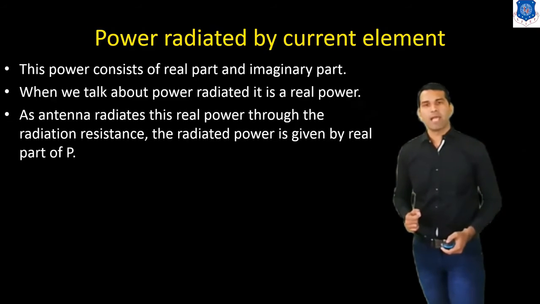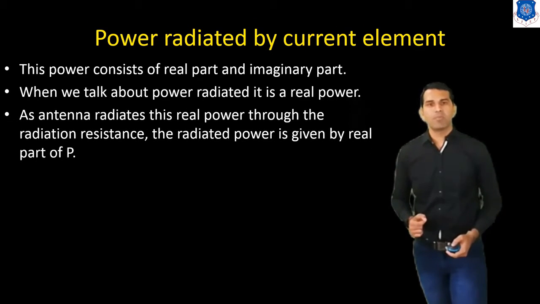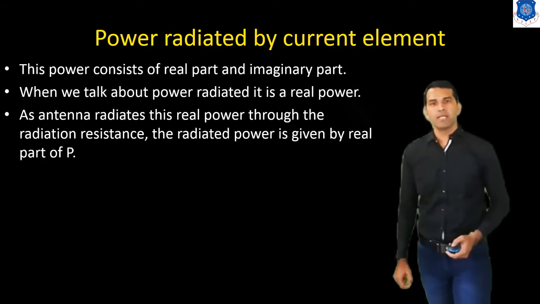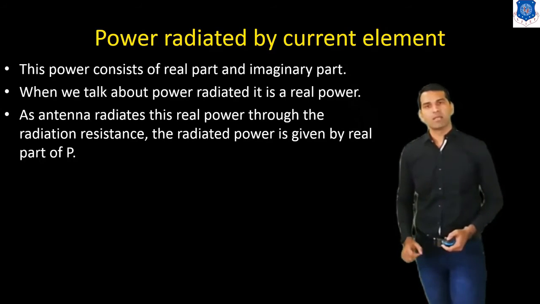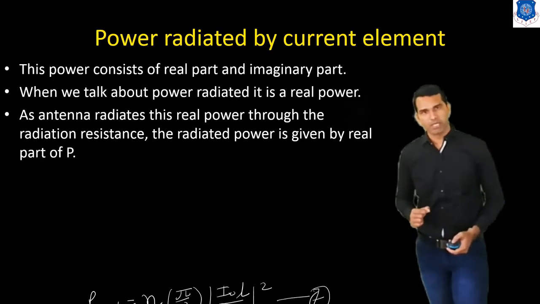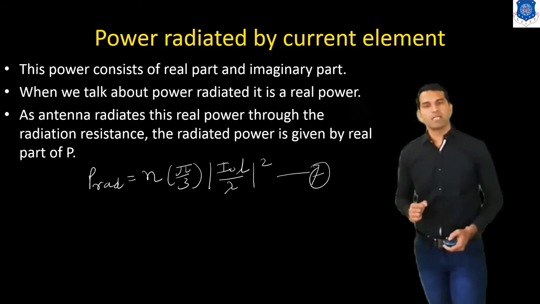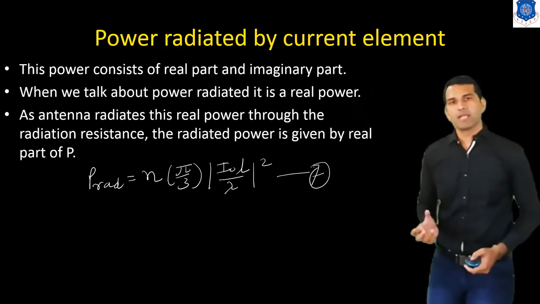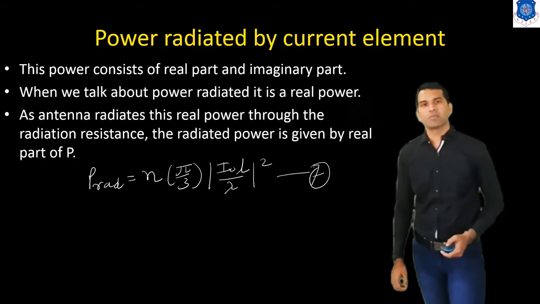As the antenna radiates this real power through the radiation resistance, the radiated power is given by the real part of P. So P_rad = η π/3 (I0 L/λ)². This is the power radiated equation.